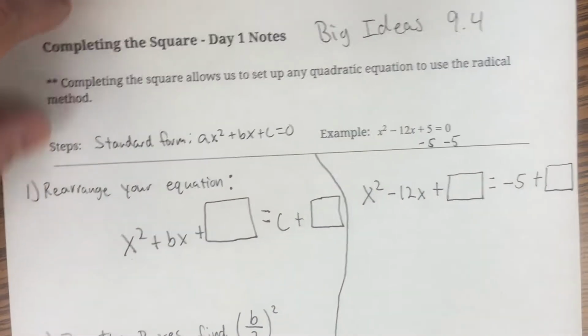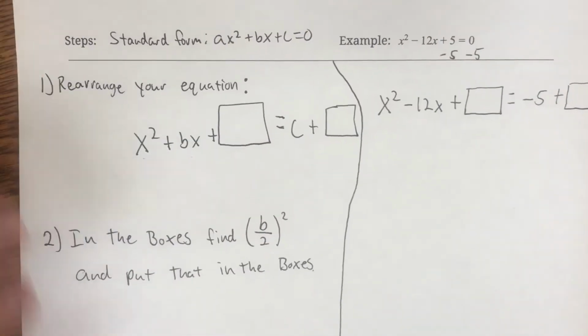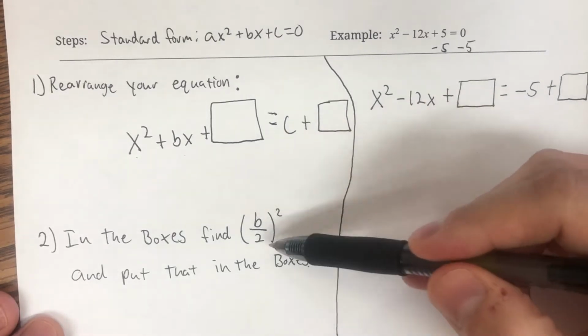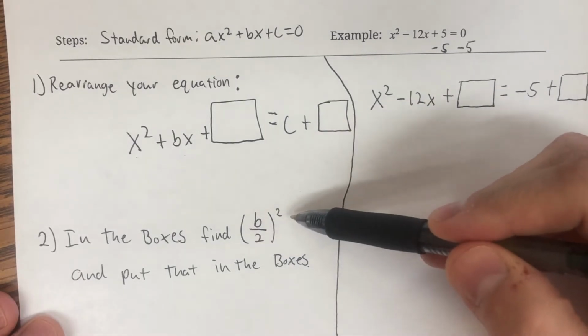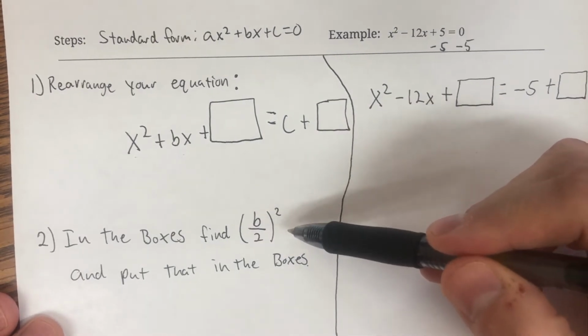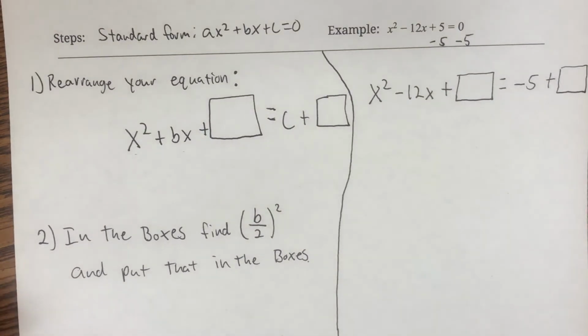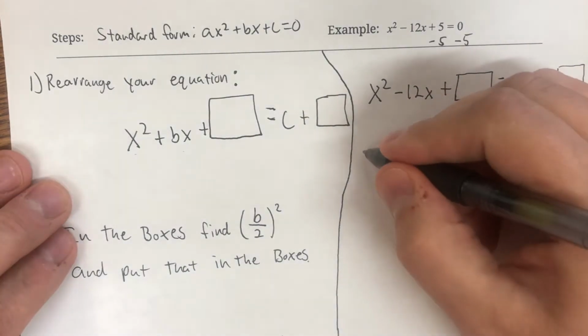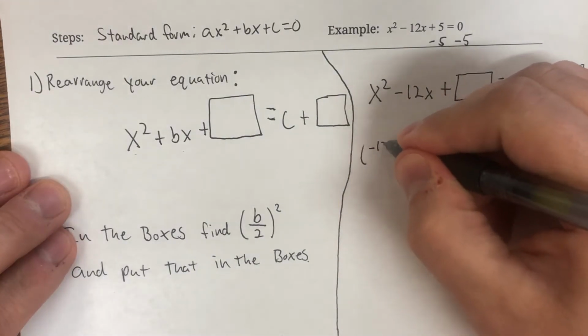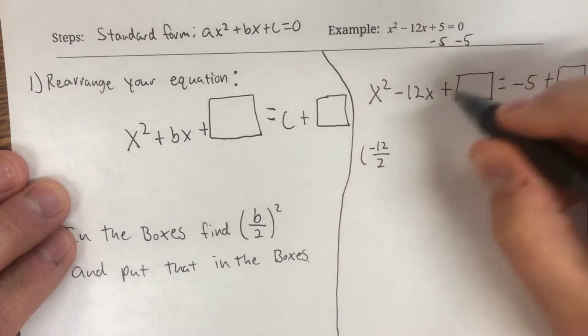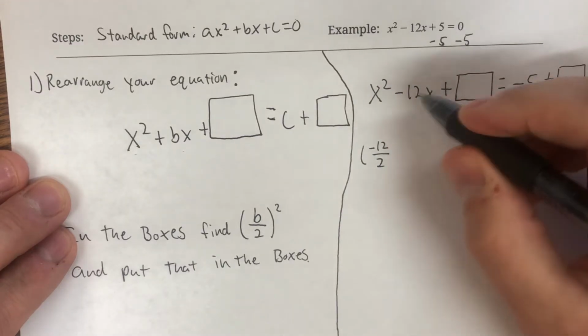Now, what do we put in the box? That's the question. We will take b over 2 and square it. Since it's being squared, it's always going to be a positive. So in this case, b is negative 12. In parentheses, we're going to take negative 12 over 2. That's the b term, it's next to the x.